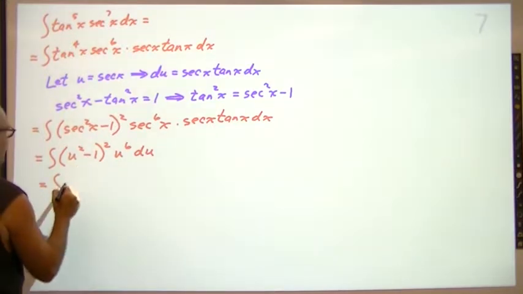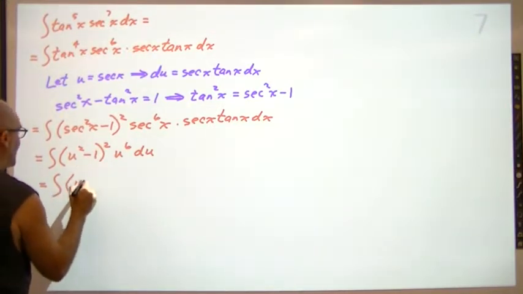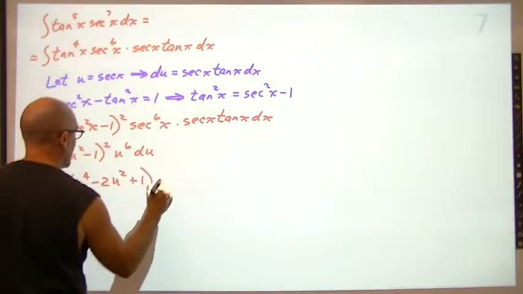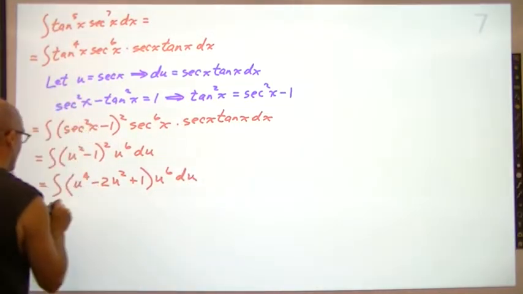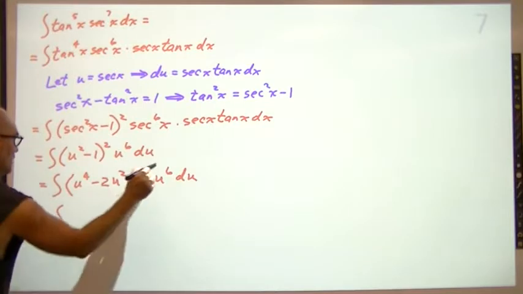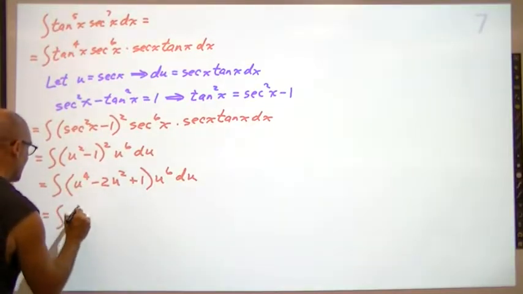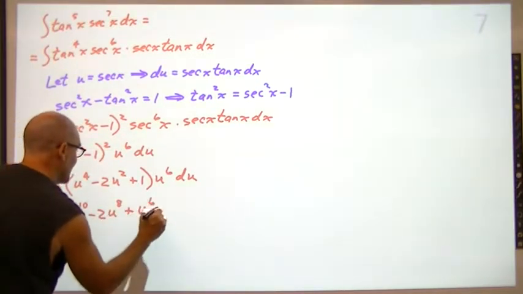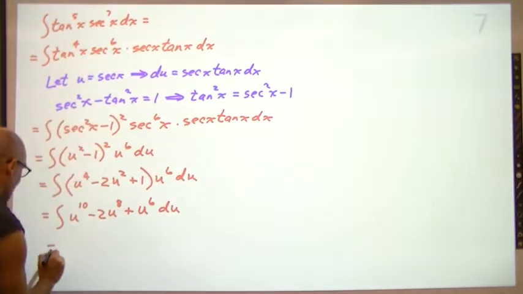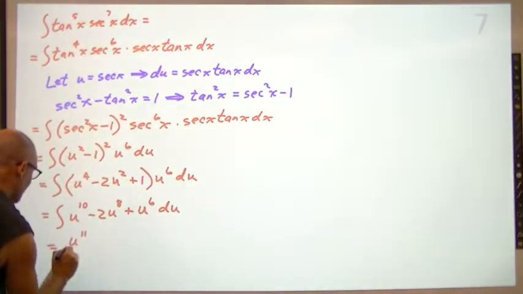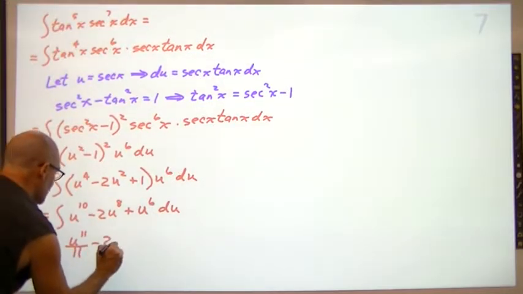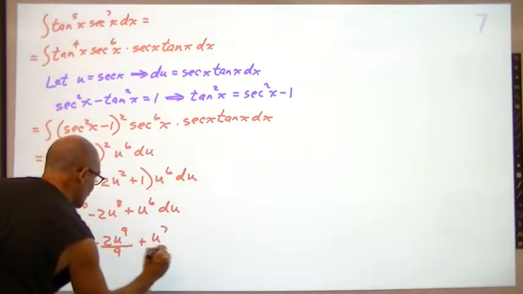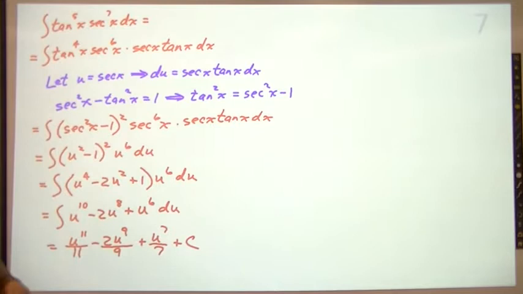So this equals a squared minus 2ab plus b squared, so I distribute my u to the sixth and I end up with u to the 10th minus 2u to the 8th plus u to the 6th du. And so this is going to equal u to the 11th over 11 minus 2u to the 9th over 9 plus u to the 7th over 7 plus c.